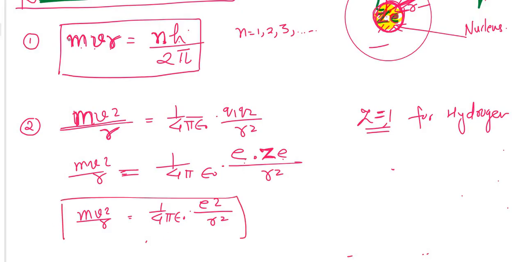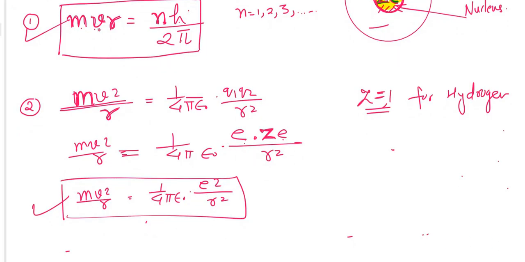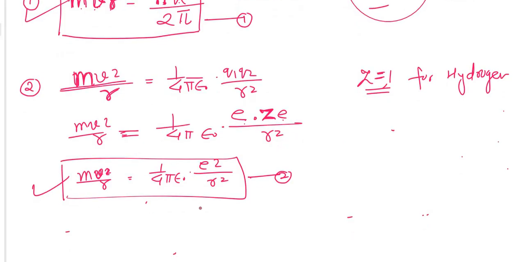He wanted to use these two equations to calculate the radius. From the first equation, he picked up the v value. From the second equation, he took v square, and using those two values, he calculated r. Let me show you how he did. Here is mvr is equal to nh by 2 pi.